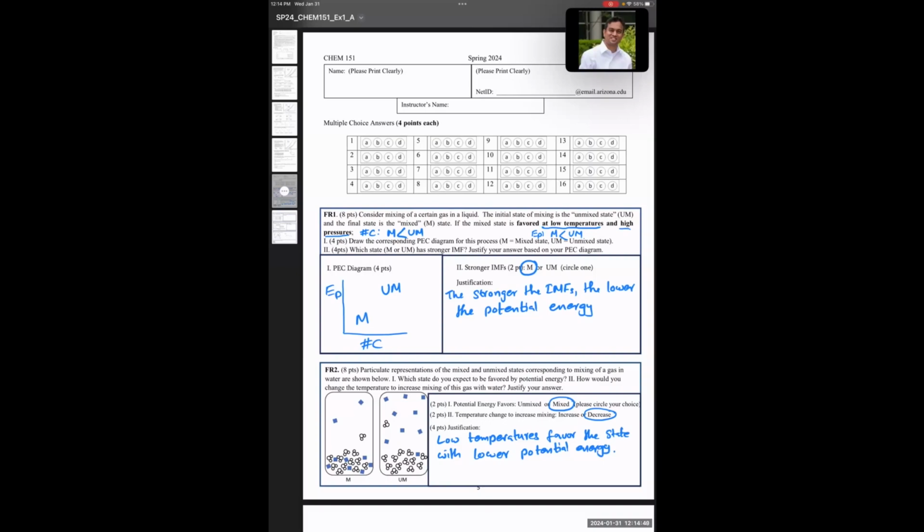And then the mixed state has a lower potential energy because you have particles closer to each other. Okay, you can write M if you want to.